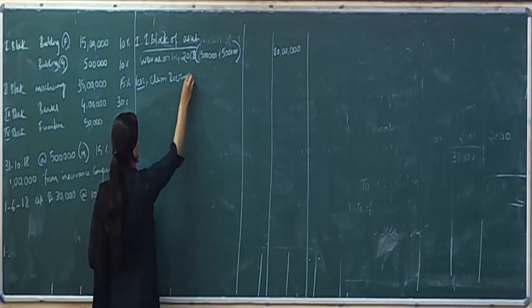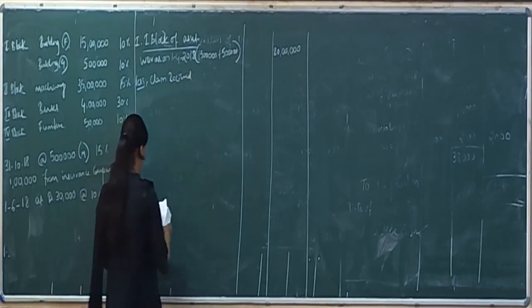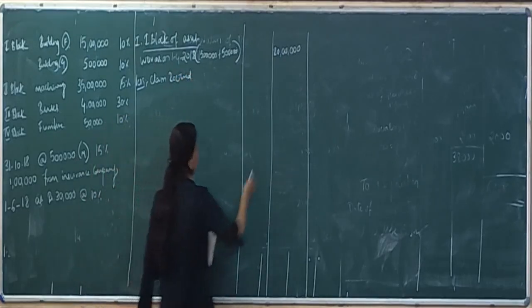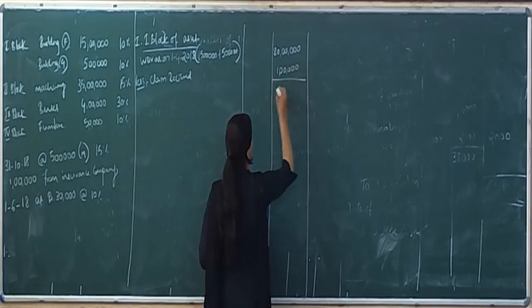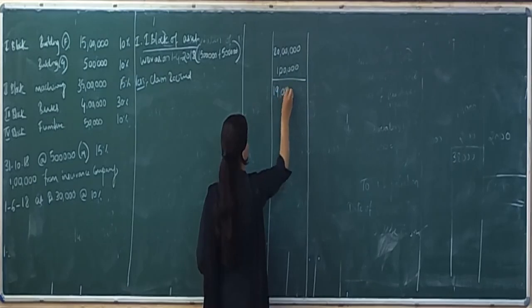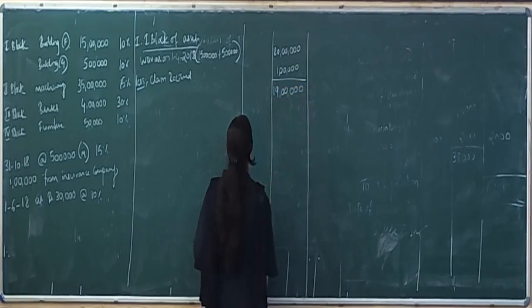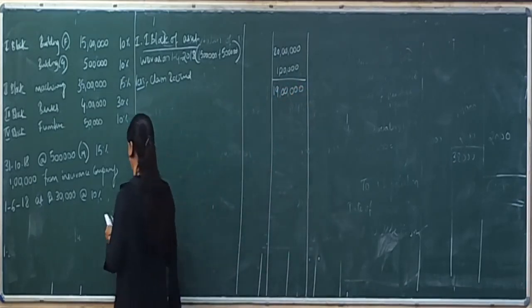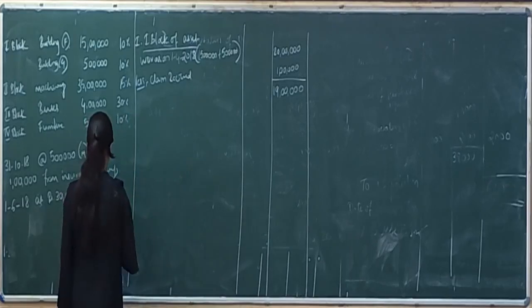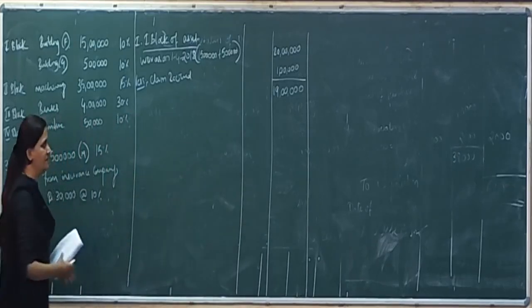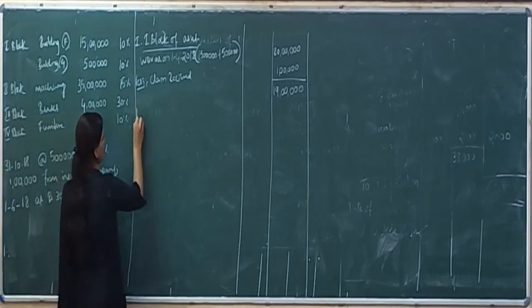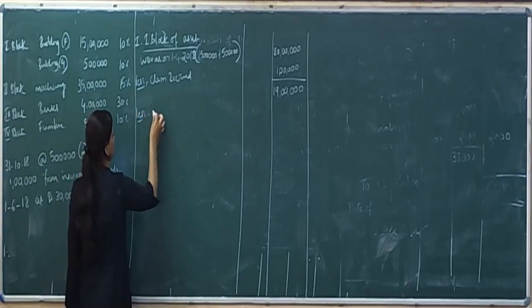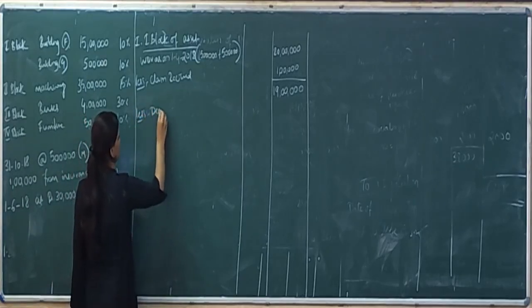So less claim receipt for godown destroyed is 1 lakh. That is 19 lakhs. Okay, so after this there are no additional purchase or sale. We can directly charge the depreciation.